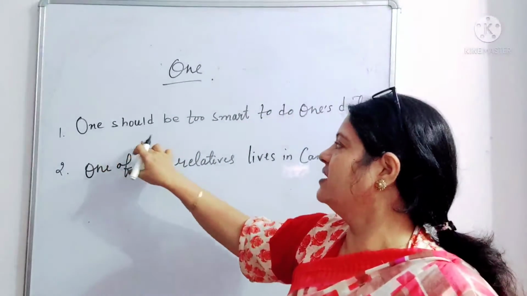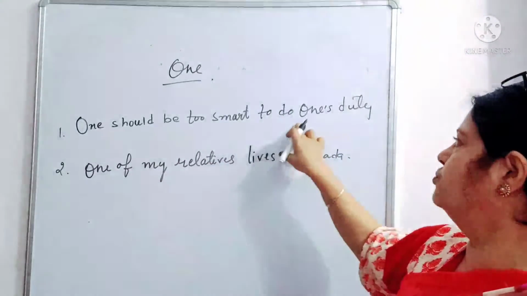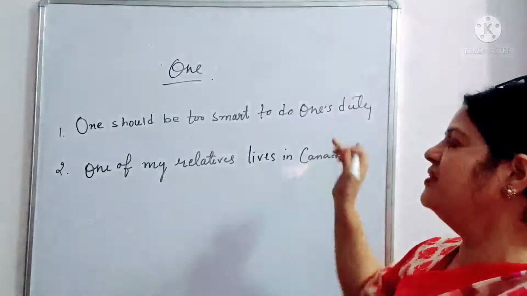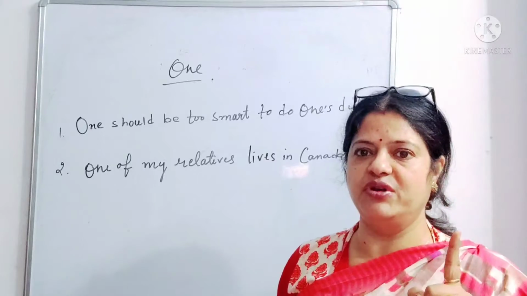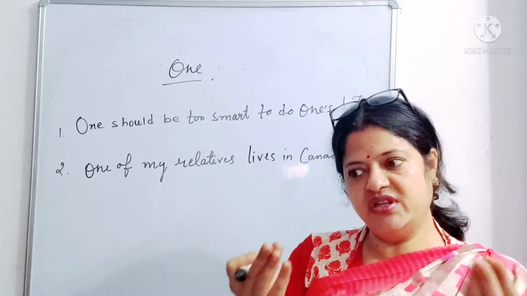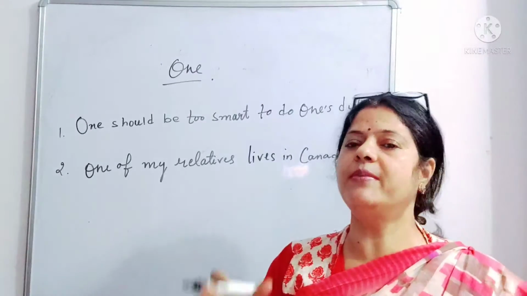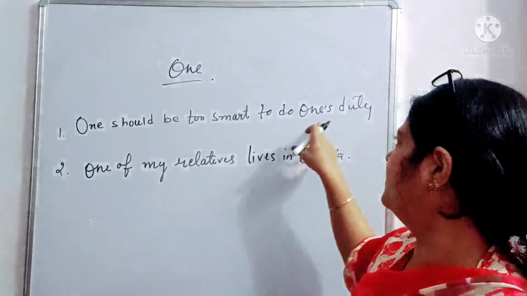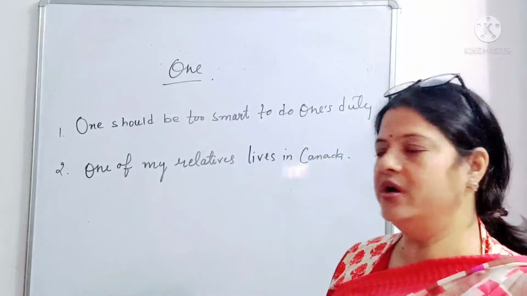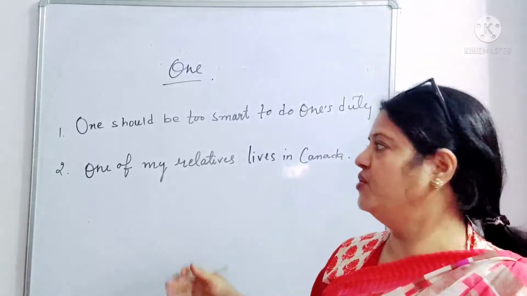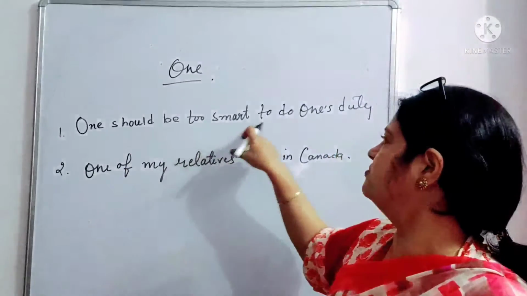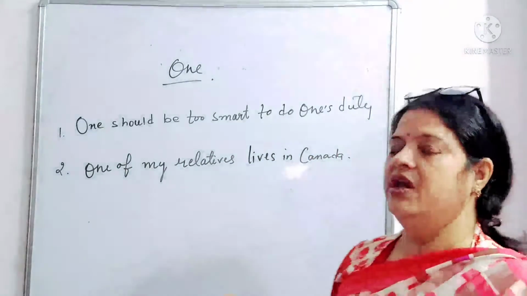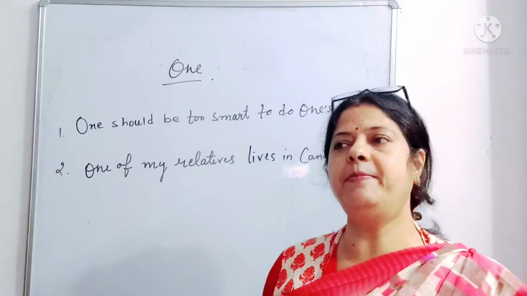It means we are talking about one individual. The sense actually shows that we are talking about one individual. So that is why we use a singular verb along with it.